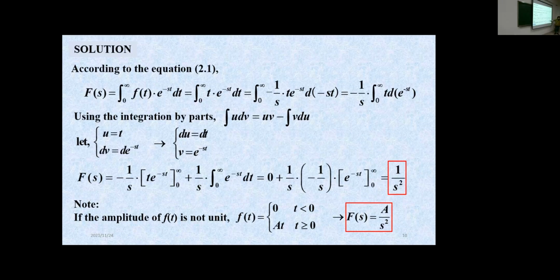A is still a coefficient. You can write a here, right? Then you can take a totally out of the integration. So after we do the integration, just times a. Then F(s) equals a divided by s squared. Still, at least try to memorize the results.